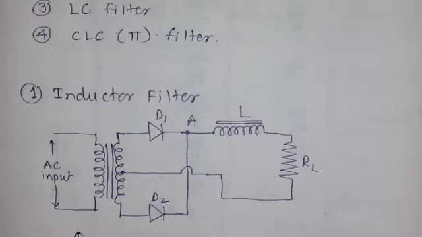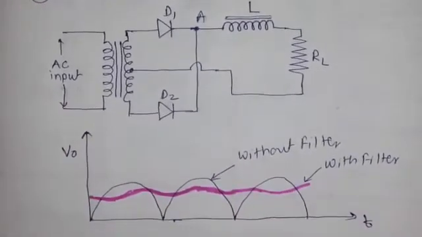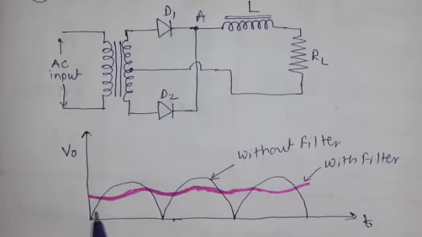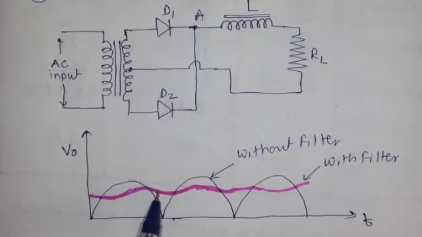Now, how this happens, we see with this waveform. In this waveform, the pulsating output without filter, generally the output of the rectifier, is represented. Now, when the inductor is used, what happens? Initially, energy is stored in the inductor, and then when the signal starts to decrease, it can provide that energy.